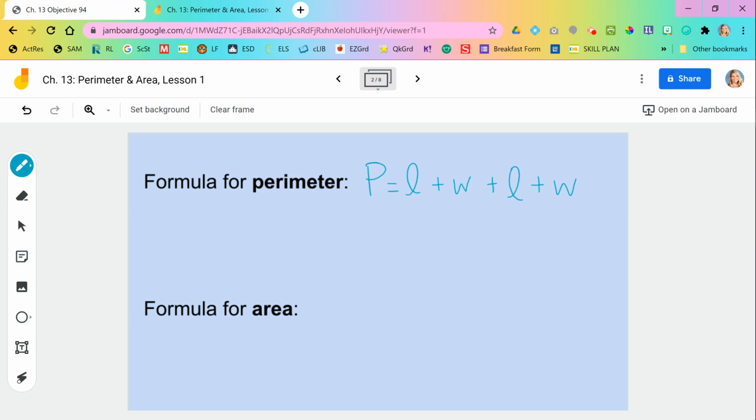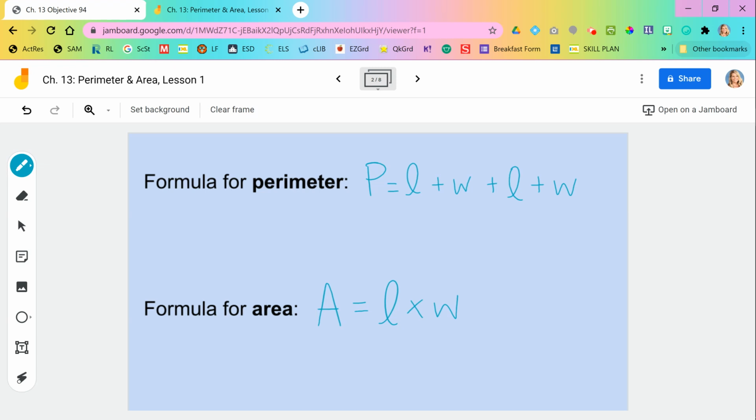Now I'm going to look at my formula for area. A equals L times W. So there are my two formulas that are going to get me through this fourth grade perimeter and area. Very simple, but they're very important.